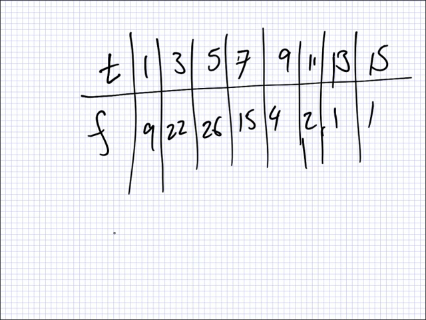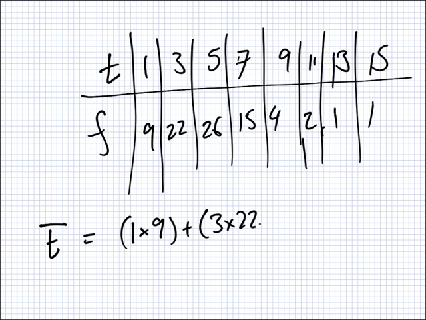Right, so how do we get the mean time here? The mean would be 1 times 9 plus, what's the next one? 3 times 22. And the next one? 5 times 26.